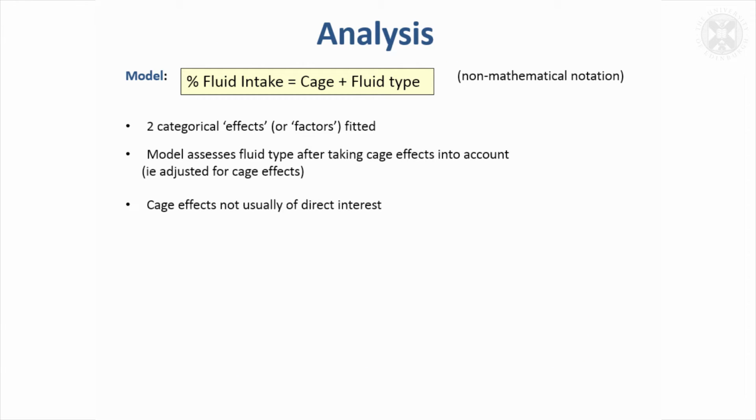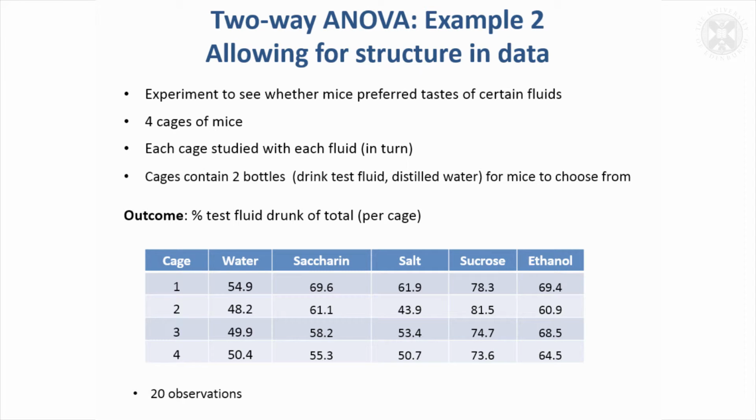The analysis we might think of is we've got the fluid type, and that's what we're really interested in. What you could do is just do an ANOVA and put fluid type in it, but that would miss the fact that you've got the same mice in these cages throughout the experiment, and their data might be correlated.